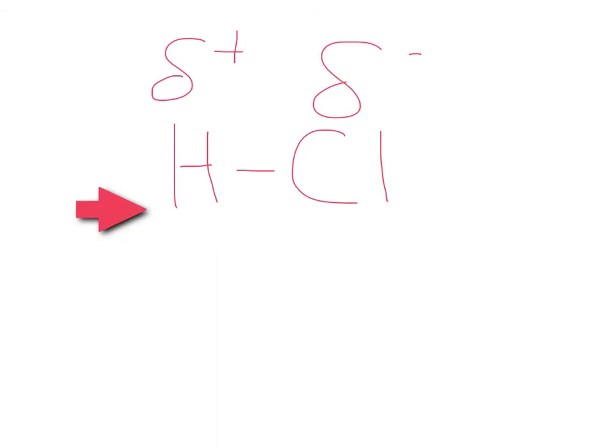So remember that hydrogen can only hydrogen bond if it's with nitrogen, oxygen, or fluorine. This is with chlorine, so it's not going to hydrogen bond. So in this one, I would say the strongest intermolecular force would be dipole-dipole.